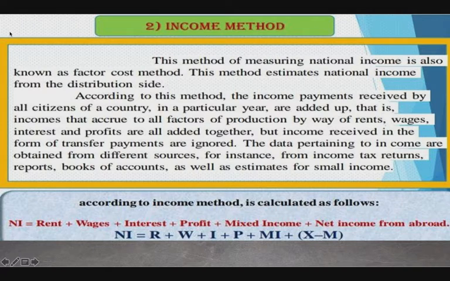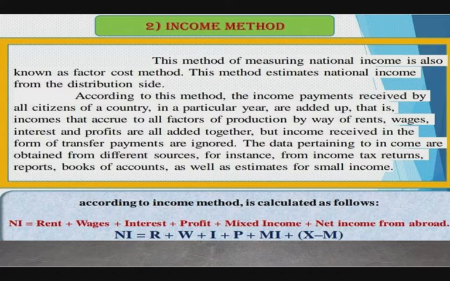Income method is also called factor cost method. This is the estimation of national income from the distribution side. According to this method, the income payments received by all citizens of a country in a particular year are added up.